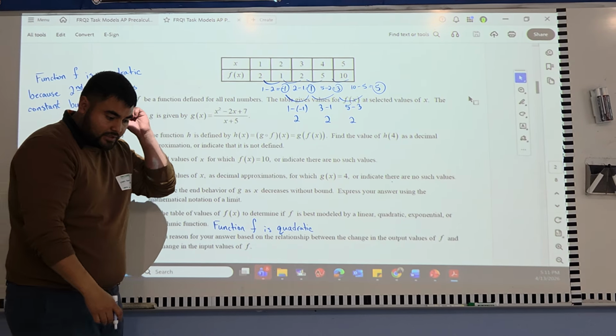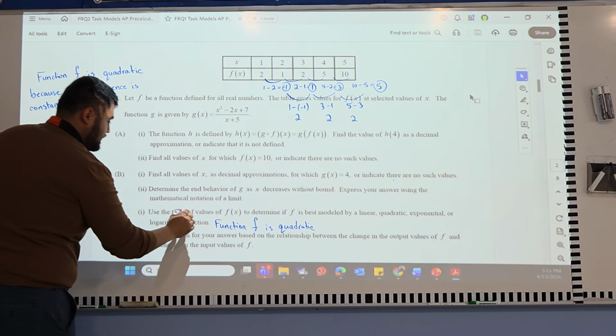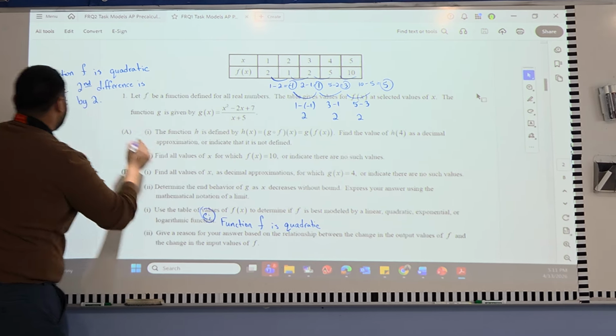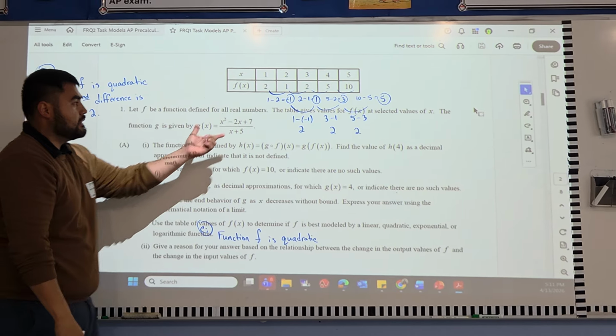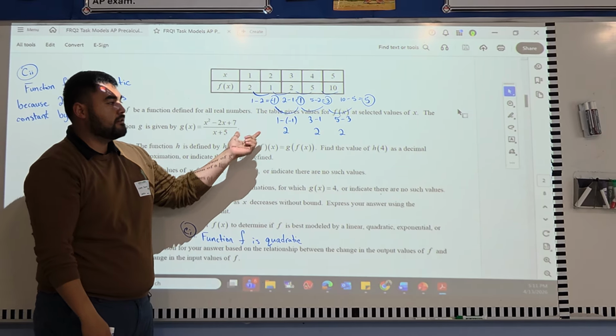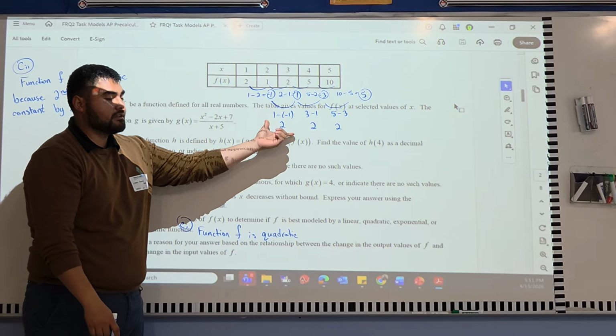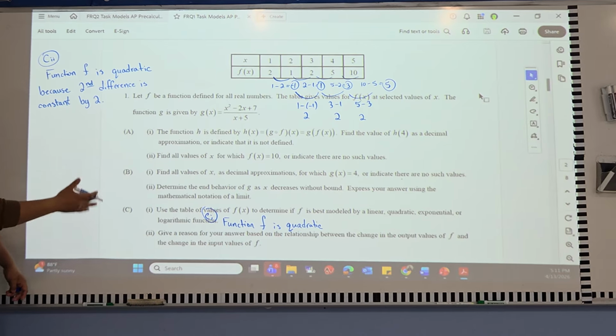So just to summarize it, this one's C1, this one's C2. For part C2, we just took the average rate of change of the average rate of change, and it gave us a constant of 2, placing it as a quadratic.